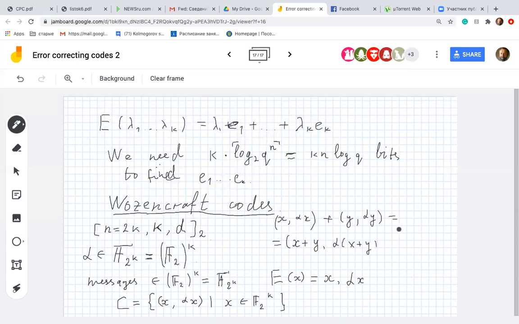And this is because addition and multiplication in the field satisfy the distributive law.